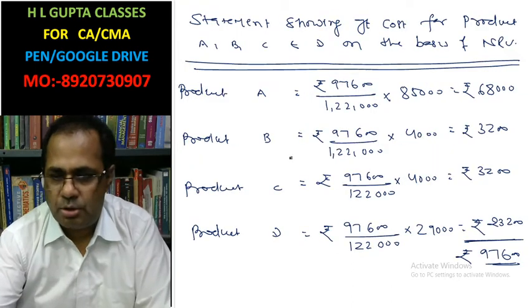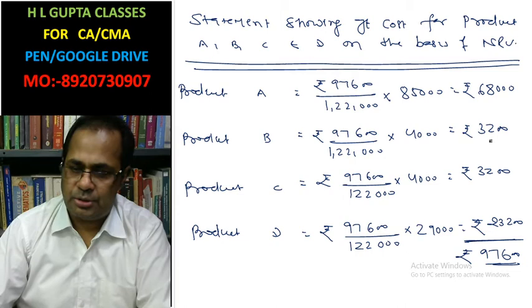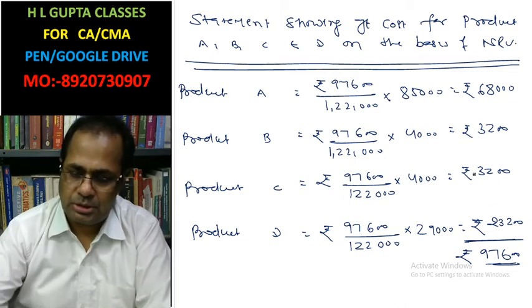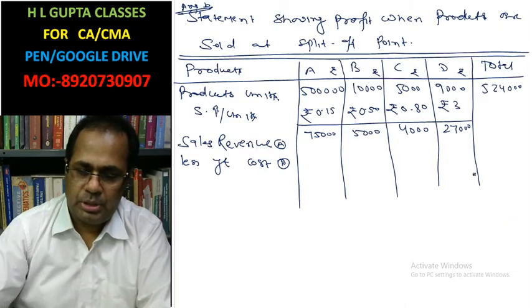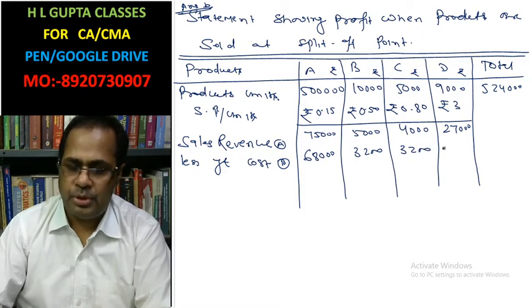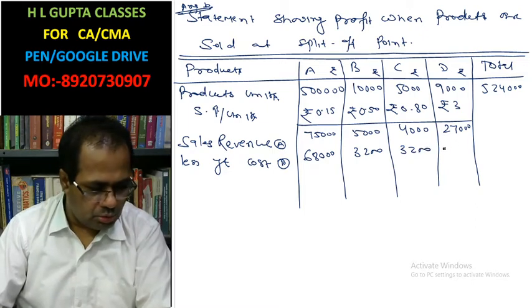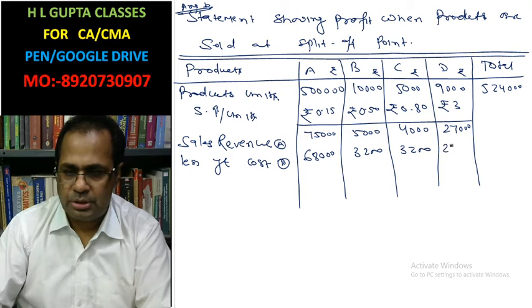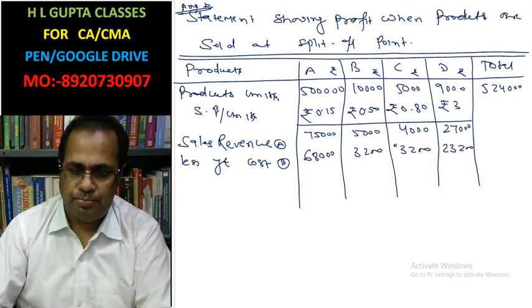What are the joint costs? 68,000, 3,200, 23,200.